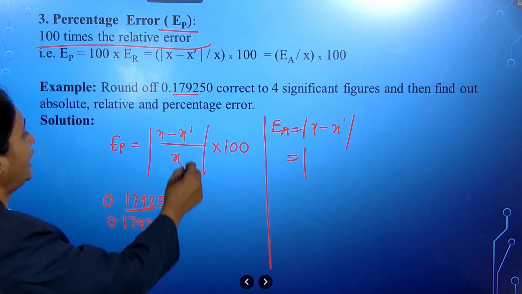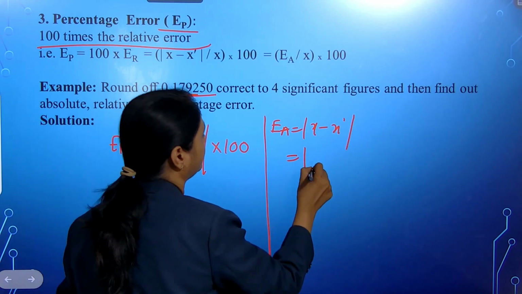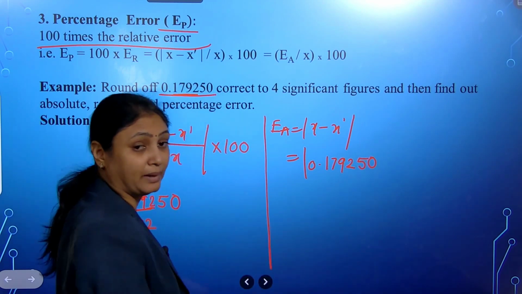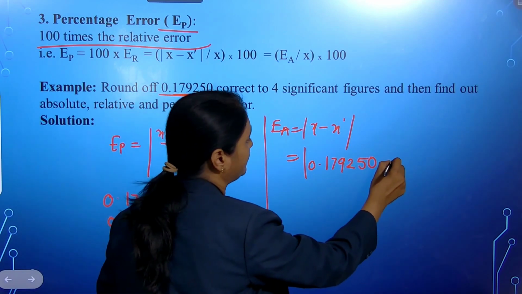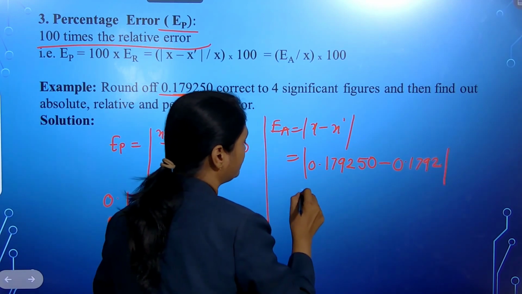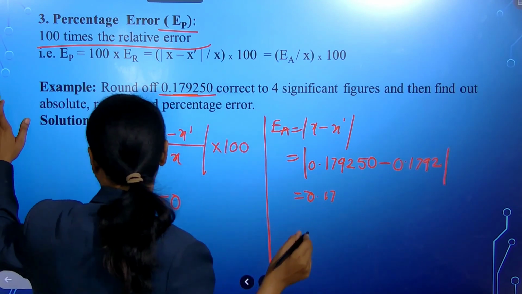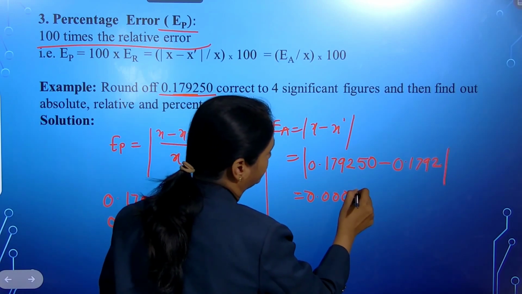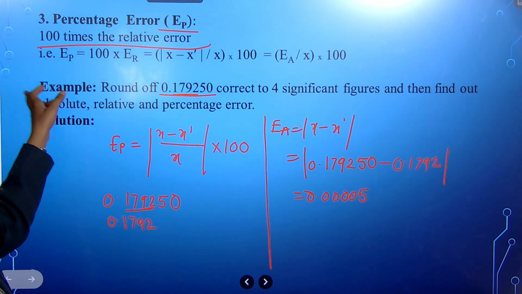X is the actual value or the true value, that is 0.179250, minus the rounded off figure or the approximate value, 0.1792, and this gives us 0.00005. So this is the absolute error.